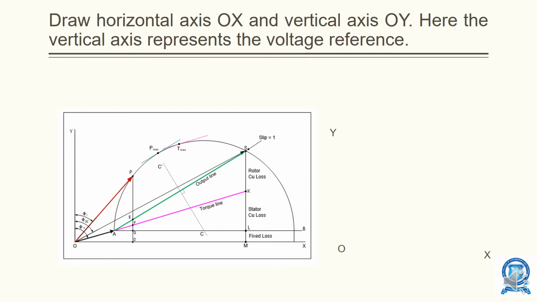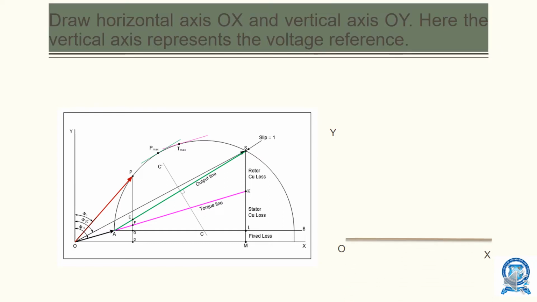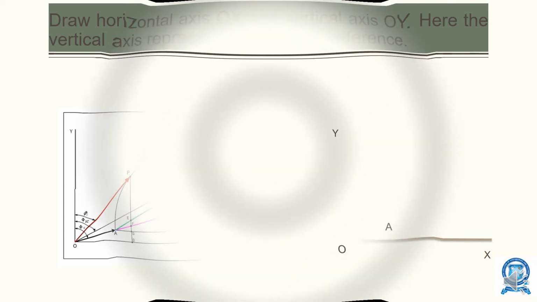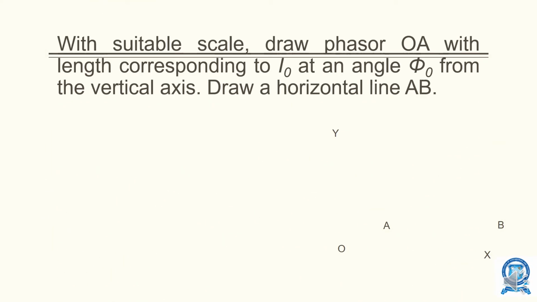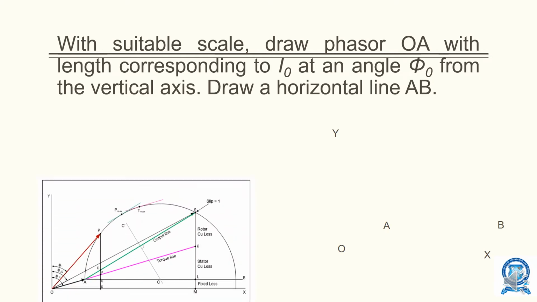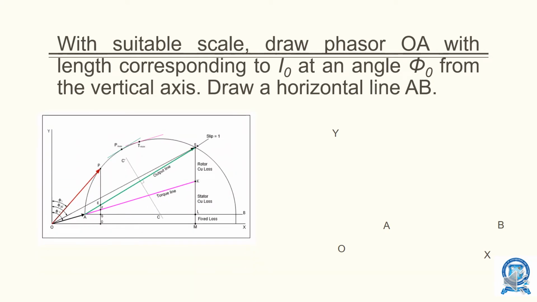Let us plot this. This is the horizontal axis and this is the vertical axis. With a suitable scale, draw a phasor OA with the length corresponding to I0.